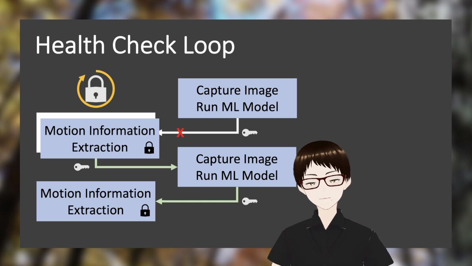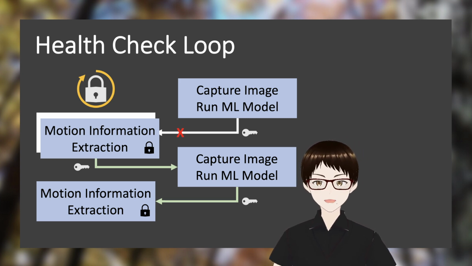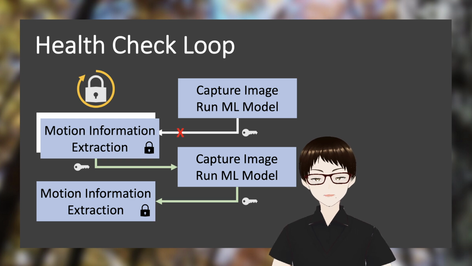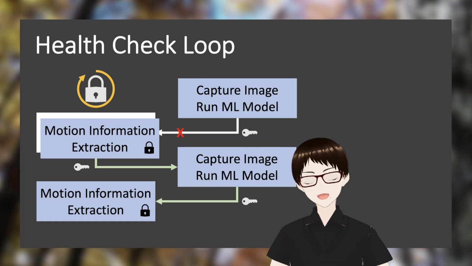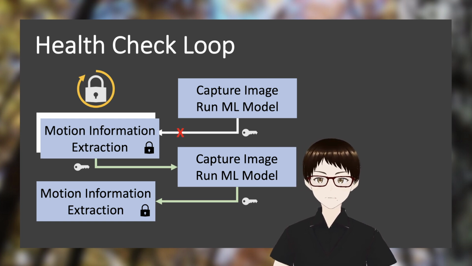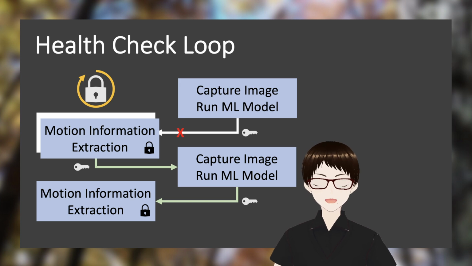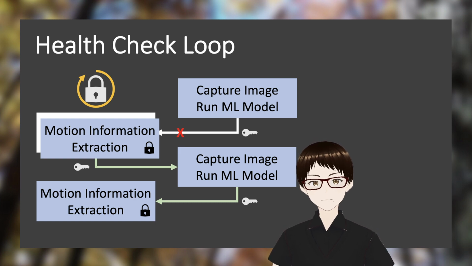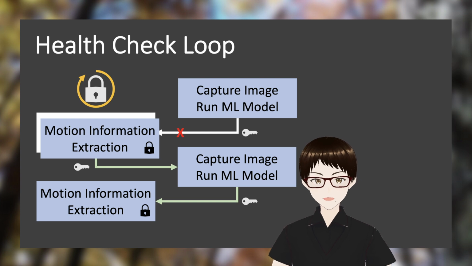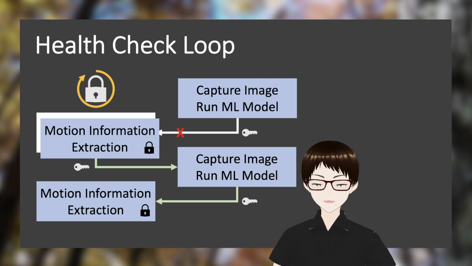When this machine learning model is returning a result, it will use a key to try to unlock this motion information extraction. So when we detect something is going wrong, we will refresh the lock and the key.